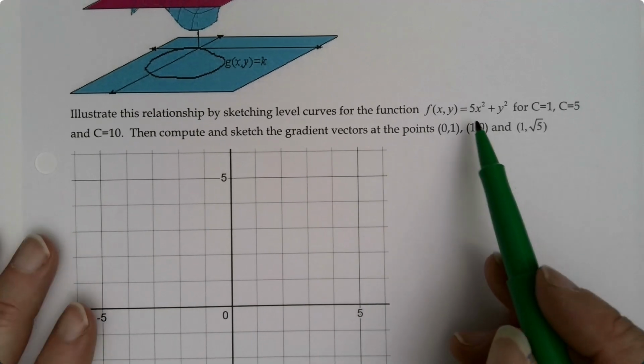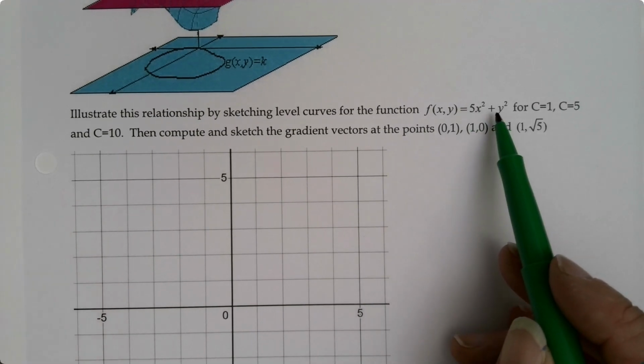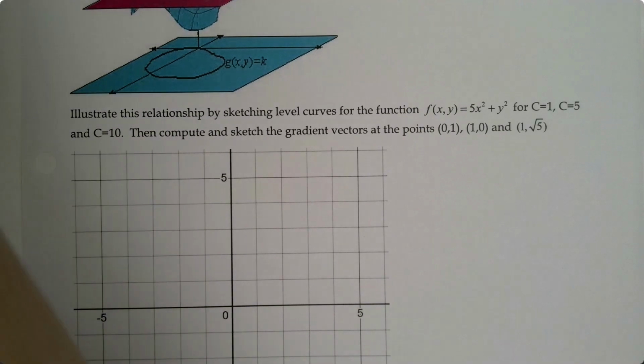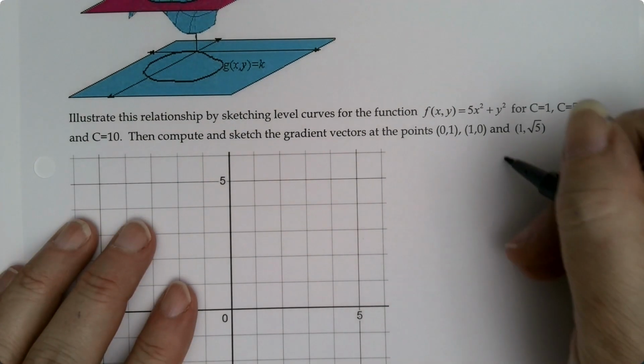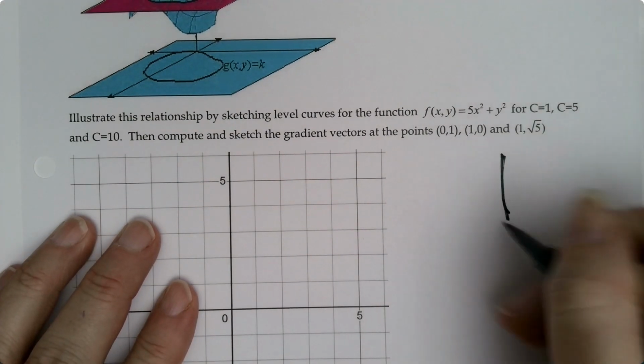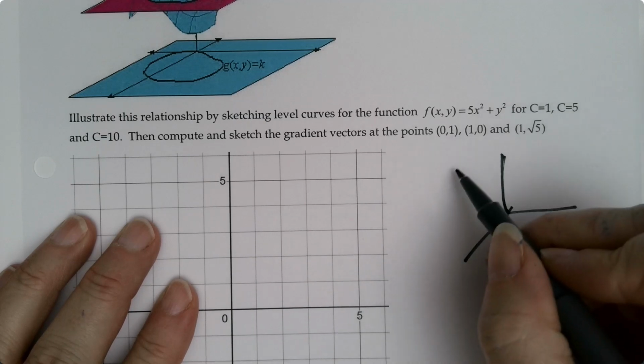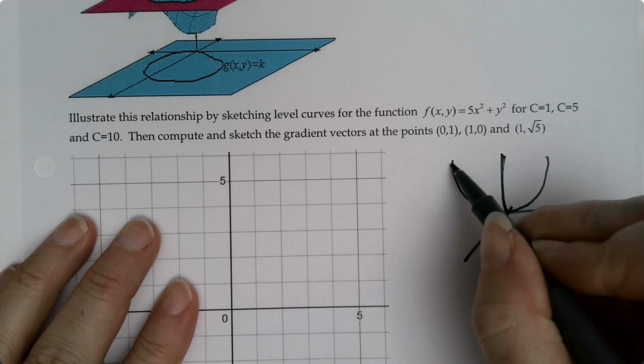Okay, so let's look at this by looking at this example. So 5x squared plus y squared is a paraboloid. It's actually kind of an elliptical paraboloid, because it's larger in one direction than the other direction because of the 5x squared. So we have some kind of paraboloid, right?